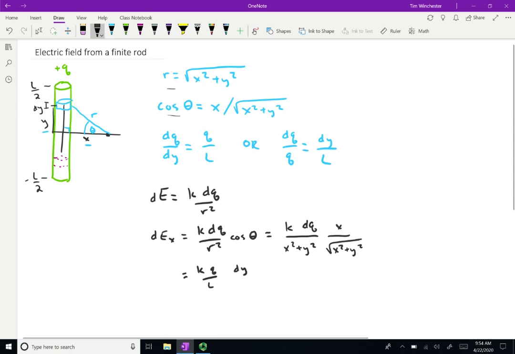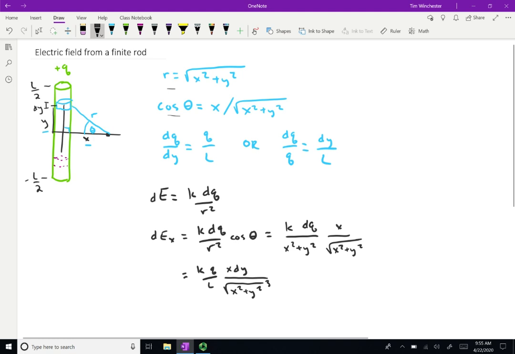And then I'm going to copy down all the rest of the things that I had. There was an x, which I'll put over here. And underneath I have square root of x squared plus y squared times x squared plus y squared, which altogether is square root of x squared plus y squared cubed. That's just an algebraic rearrangement.